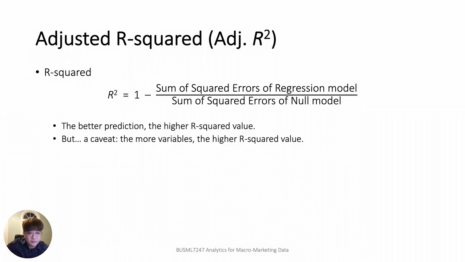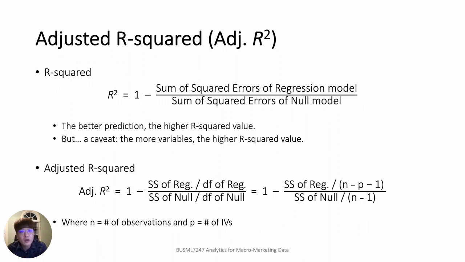The more variables, the higher R-squared value. That is, just adding a new independent variable always increases the R-squared value. To resolve such caveat of R-squared, we usually use adjusted R-squared instead of R-squared.